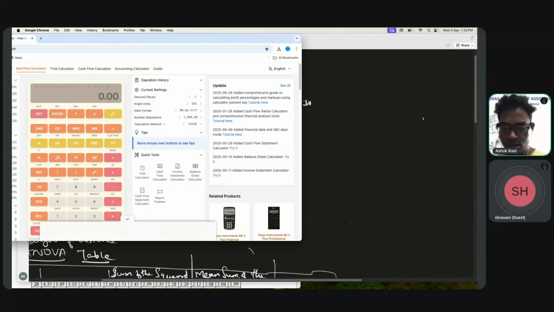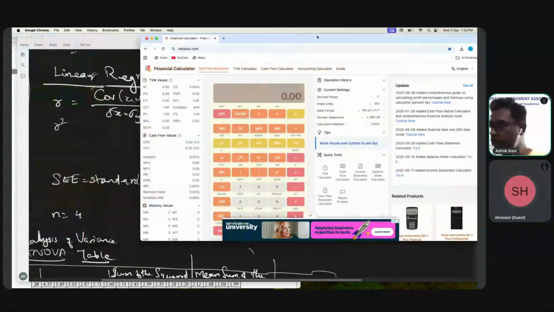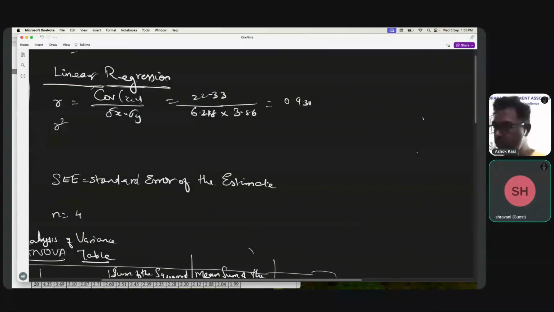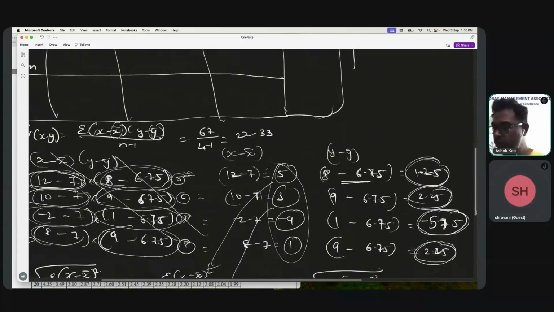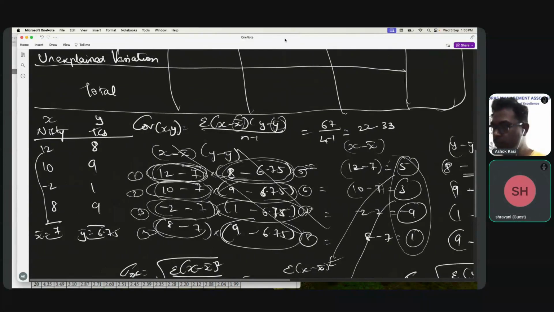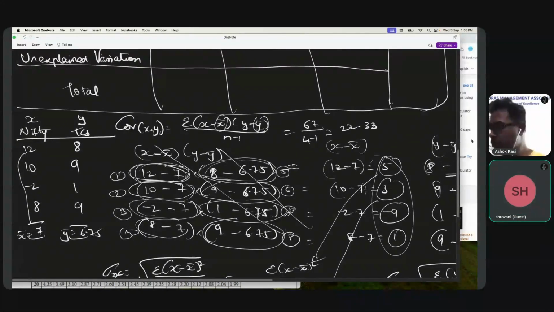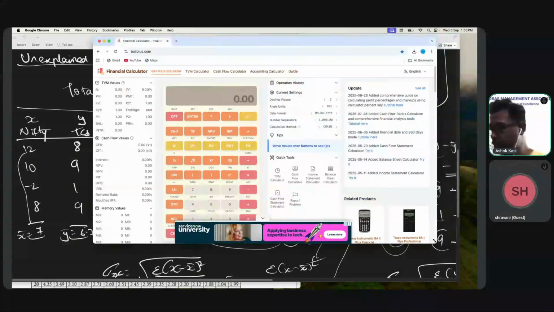Did I close it? Okay, I'll have to type it all again. Sir, I have the values. Okay, I'll also quickly just upload it, so that I can see here as well.